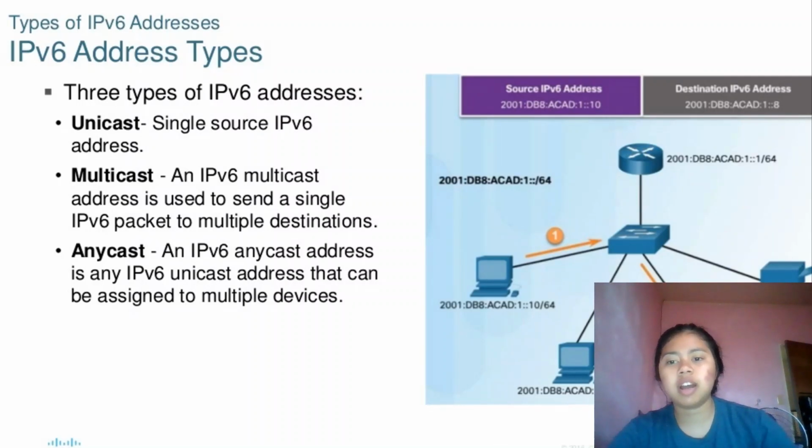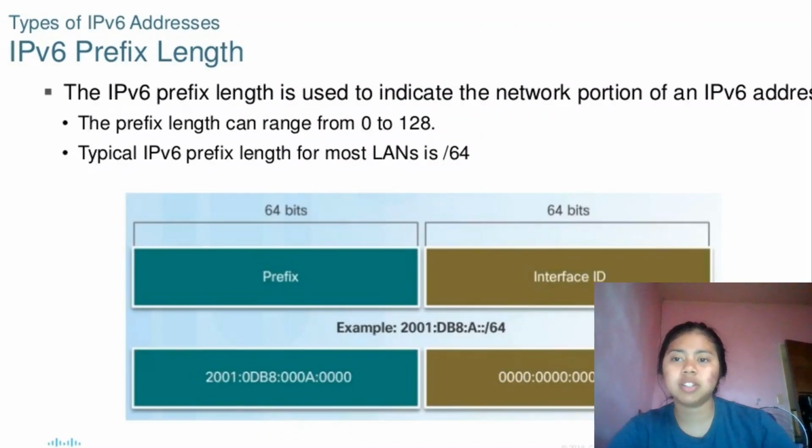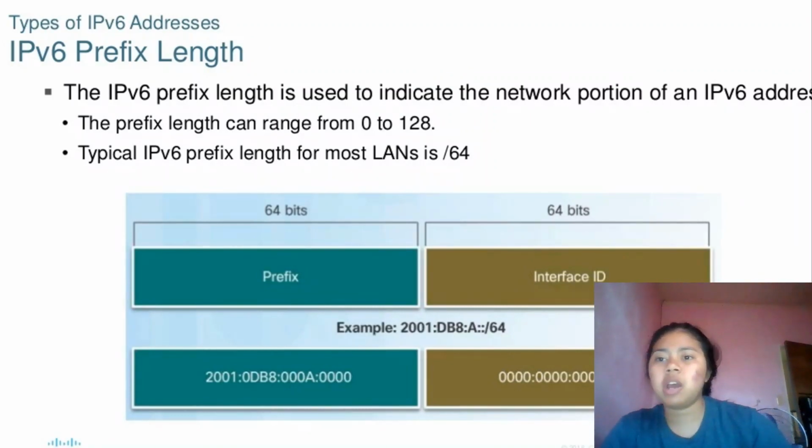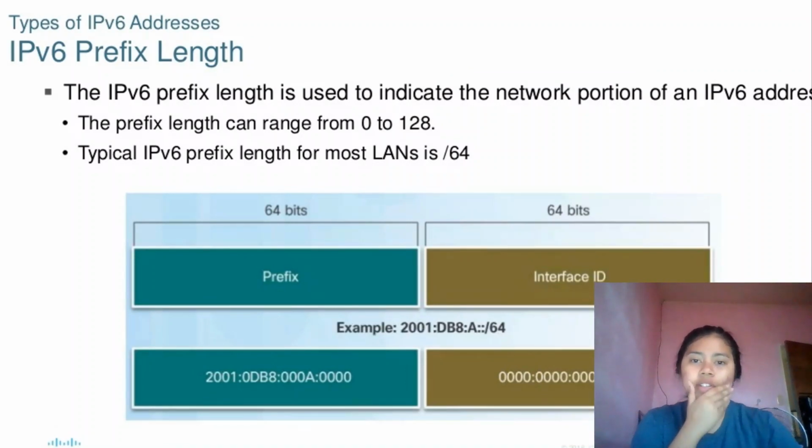An IPv6 anycast address is an IPv6 unicast address that can be assigned to multiple devices. The IPv6 prefix length is used to indicate the network portion of an IP address.